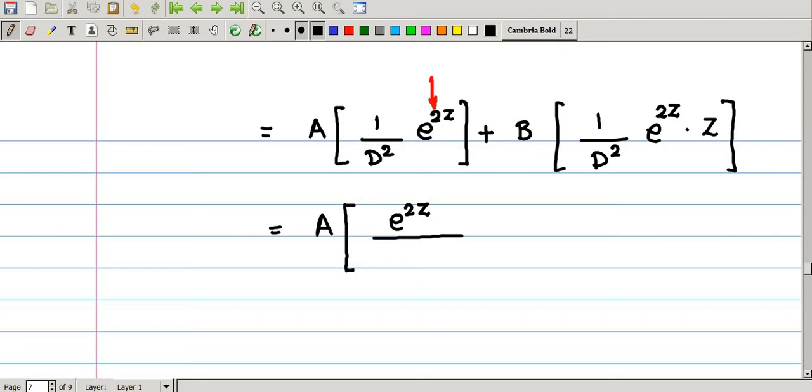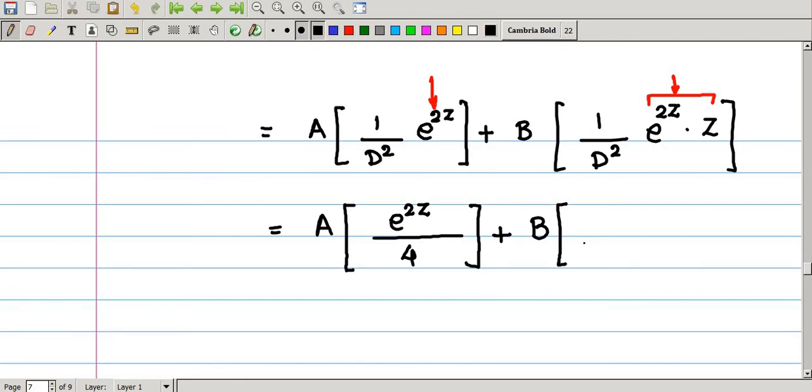So we replace D by 2. So 2 square will be 4. That will be the particular integral in the first term. In the second term, we can apply the shortcut method formula e raised to ax into V, where x is the independent variable. In this case, z is our independent variable.